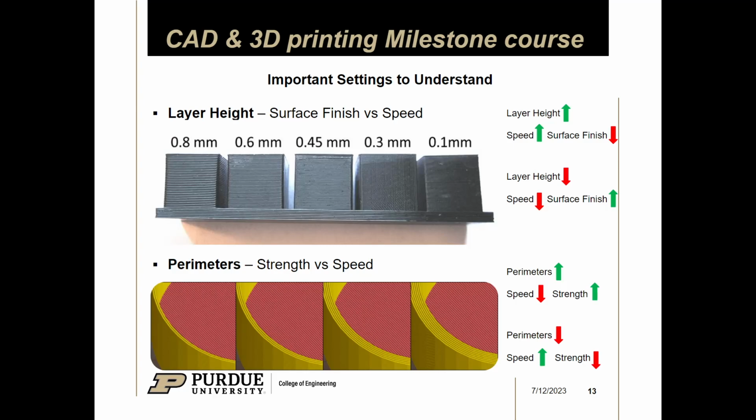So there's some things to understand about 3D printing, just because there's so many settings associated with it. We're going to be teaching you how to slice a part later, but these are just some different parameters that you can change in the settings. The first one is layer height. Layer height is a really big thing because it can significantly increase or decrease your print time.